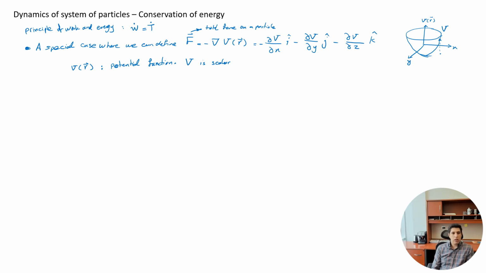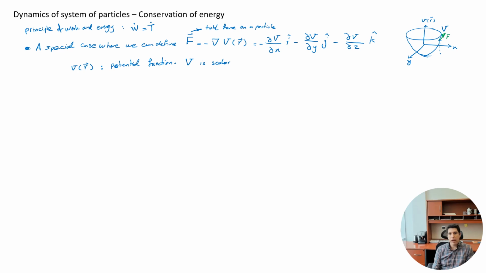And what this means is, the gradient is kind of tangent to the surface, and it gives us a vector.